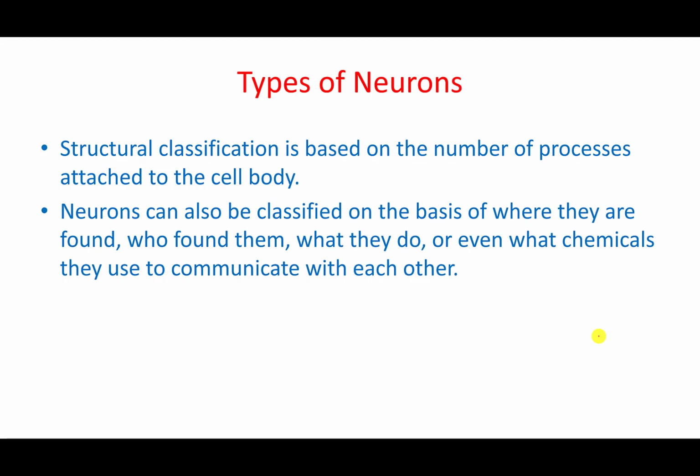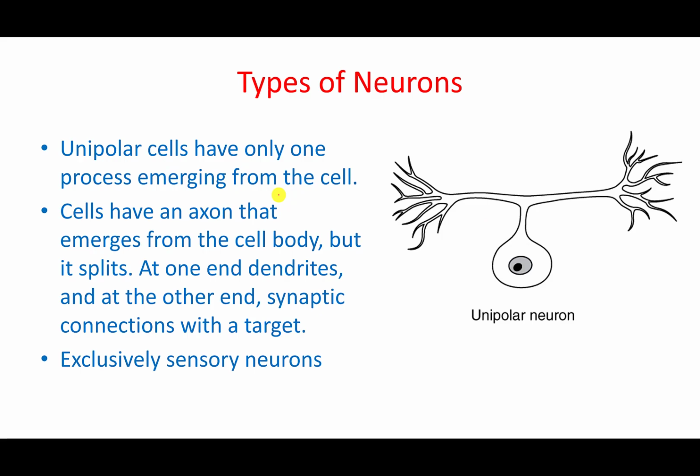Types of neurons. There are several ways that we can classify neurons. The first way is the structural classification, and this is based on the number of processes attached to the cell body. What does this mean? It means that in this example, this is a unipolar neuron.